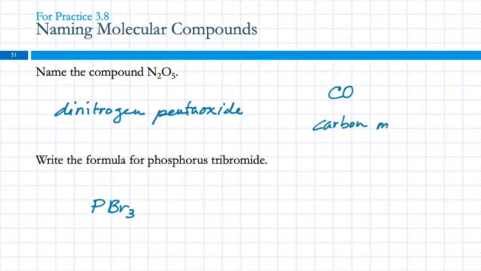And then here, monoxide, we see that looks a little weird with the double O thing there. We often, but not always, drop that last vowel on the prefix when the element name begins with a vowel.